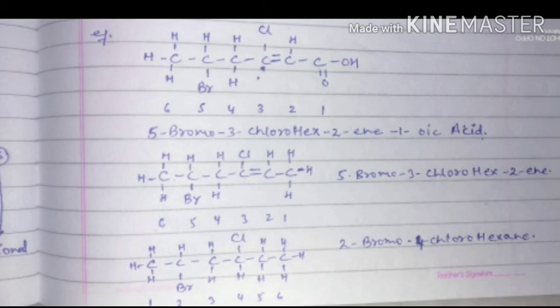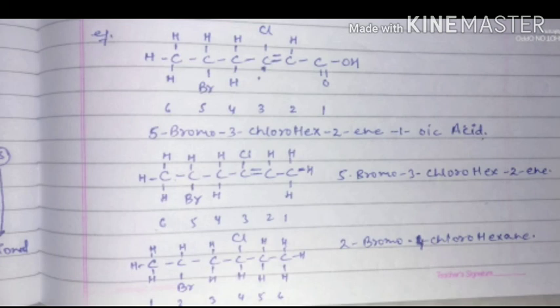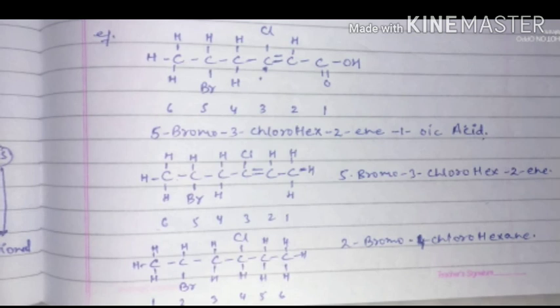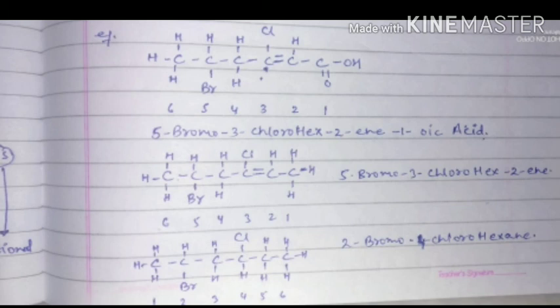While from the left hand side, the bromo will get number 2 and the chloro will get number 4. So from the left hand side the heteroatoms get lower numbers. Because of that, we need to give the numbering from the left hand side, and the name of the compound will become 2-bromo-4-chlorohexane.